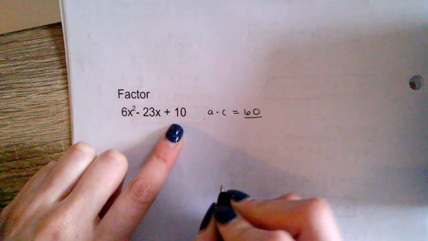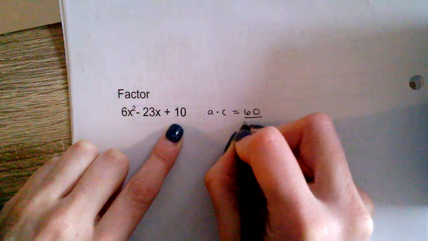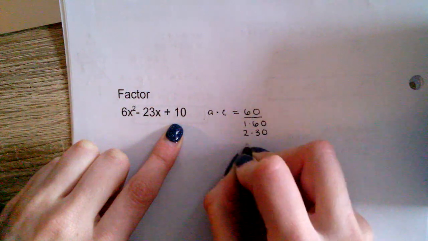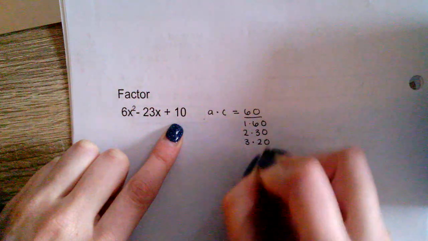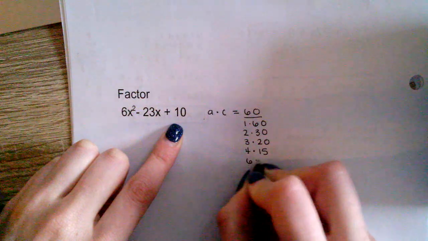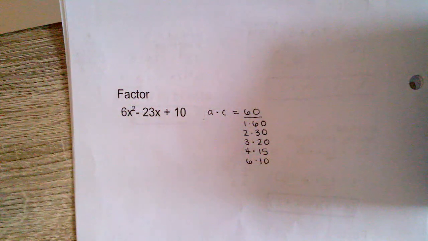And we're going to list all the numbers we know that multiply together to be 60. So we always start with 1 times 60, 2 times 30, 3 times 20, 4 times 15, 6 times 10, 7 doesn't work, 8 doesn't work. We know that 9 doesn't work as well.